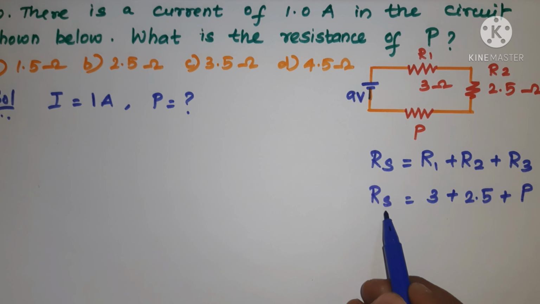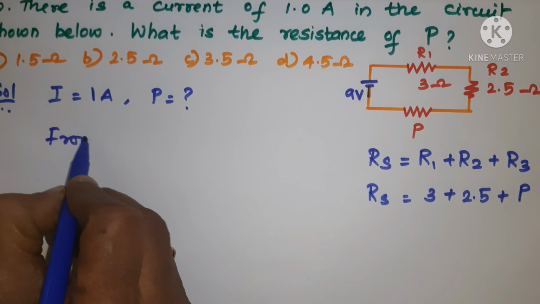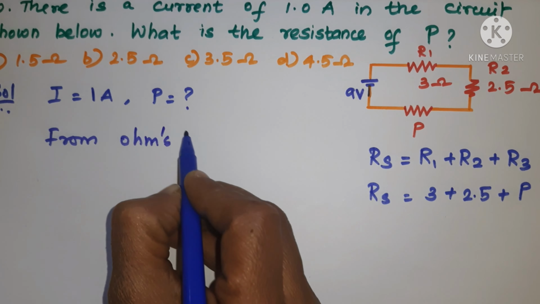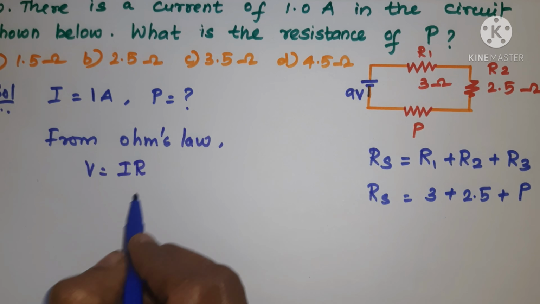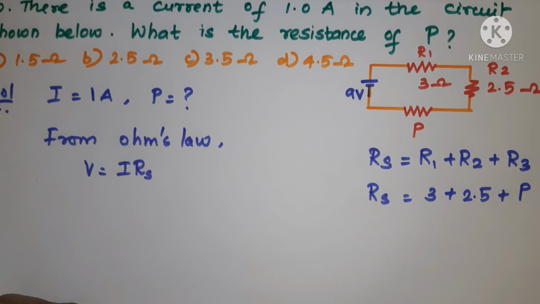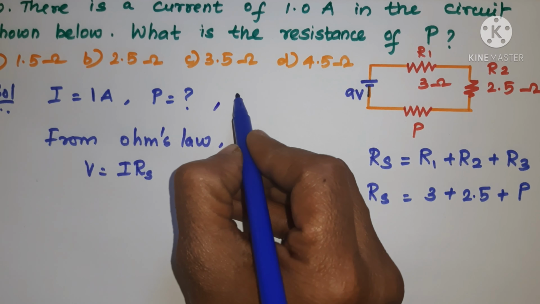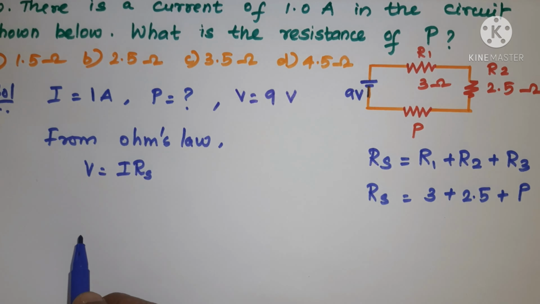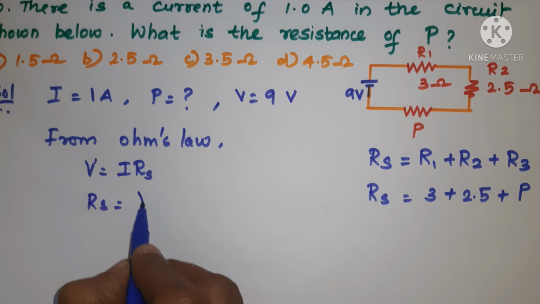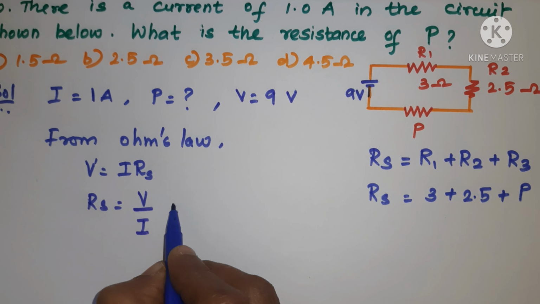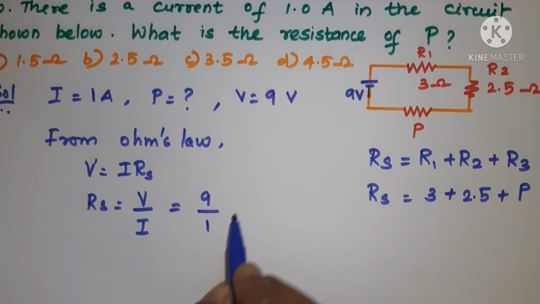We need to find what is the total resistance here. From Ohm's law, we have V is equal to IR. Here we write that to be RS. Here V value is, from the diagram given, V is equal to 9 volt. Therefore we can write here RS is equal to V divided by I, which will be equal to 9 volt divided by 1 ampere.